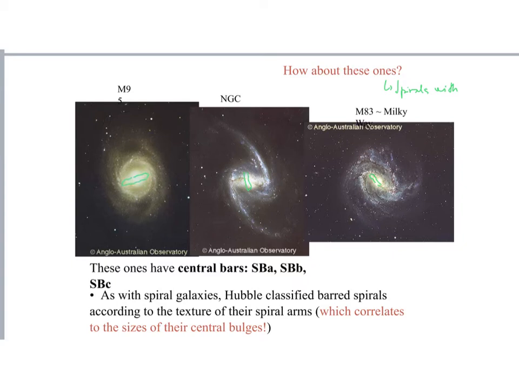I'm guiding your eyes with bars, and so these are going to be SB, the spiral barred galaxy of type A, B, C, and exactly like with the spiral galaxies, again, Sir Edwin Hubble classified the barred spirals according to the structure, the texture, the prominence of their central bulges, and the texture of their spiral arms. So you end up with the SBA, SBB, SBC, and so on.